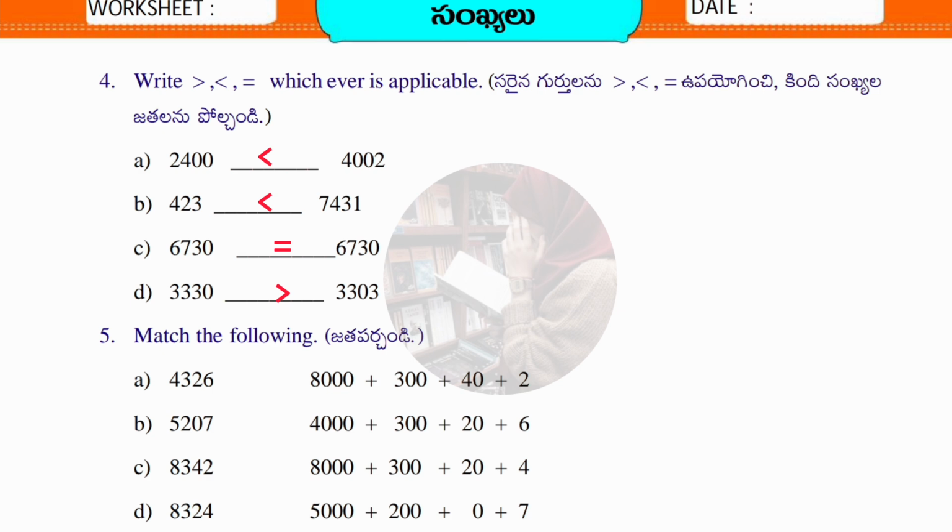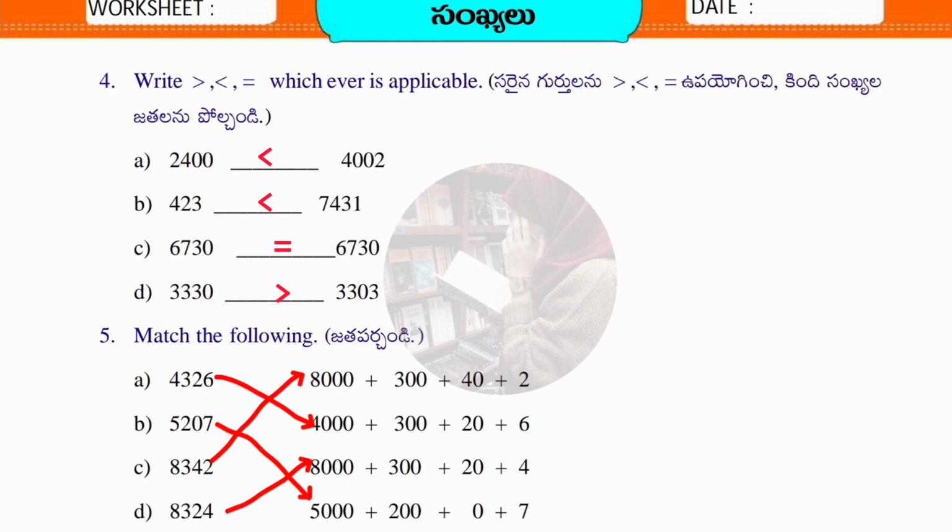Let's see it carefully and match it correctly. So first number is 4326. Its expanded form is 4000 plus 300 plus 20 plus 6. Next second one is 5207. Expanded form of this number is 5000 plus 200 plus 00 plus 7, which is D. Next third one, 8342.